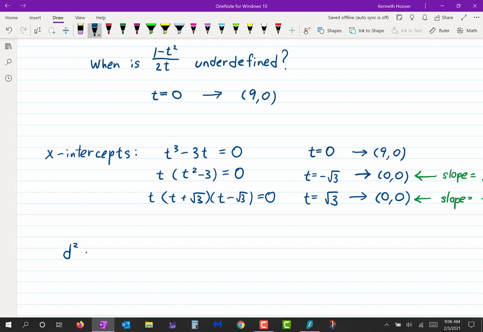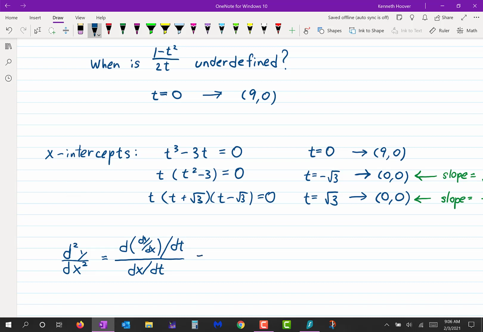The second derivative of y with respect to x twice. How do you do that? It's the derivative of the first derivative with respect to t divided by the derivative of x with respect to t.